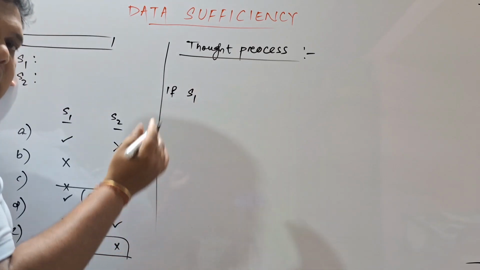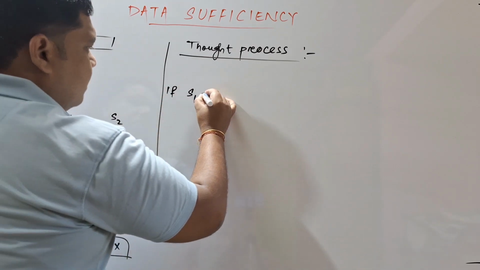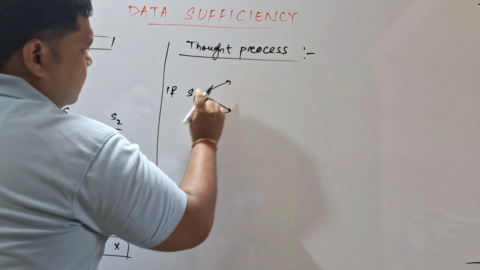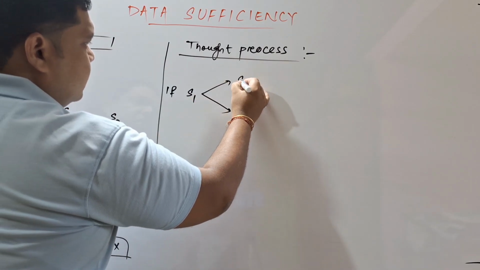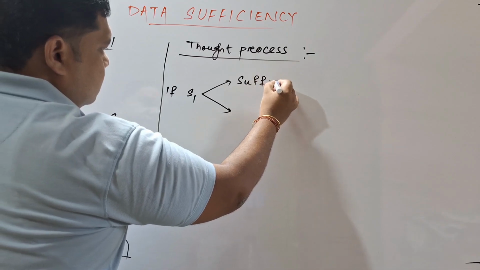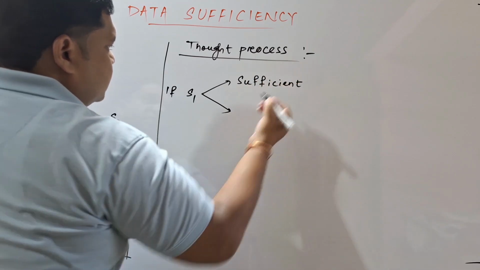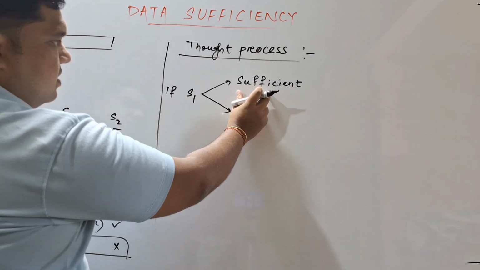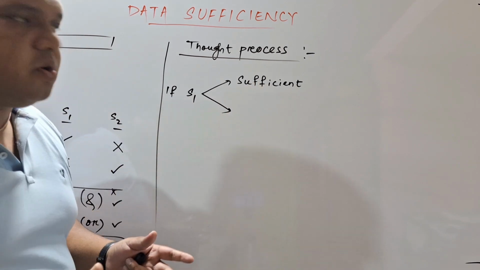if statement 1 alone is sufficient, you have two choices. Choice number 1, here two cases are possible. Either it is sufficient, means alone is sufficient, it is unique, statement 1 is unique. If it is unique, then what would be the answer choice?